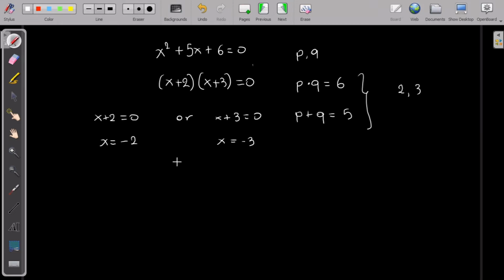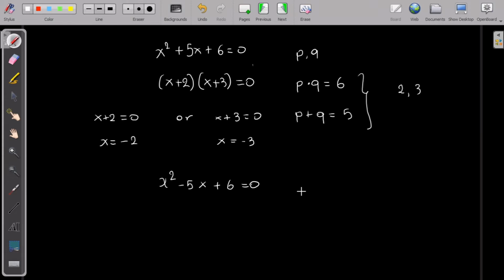This is pretty straightforward. If I have another equation, let's take some different coefficients. Let's say I have x squared minus 5x plus 6 equals 0.